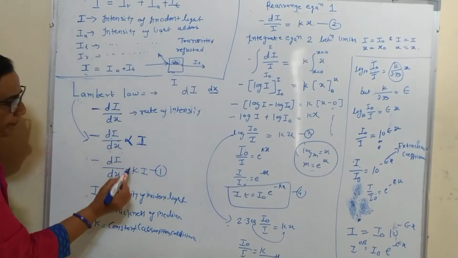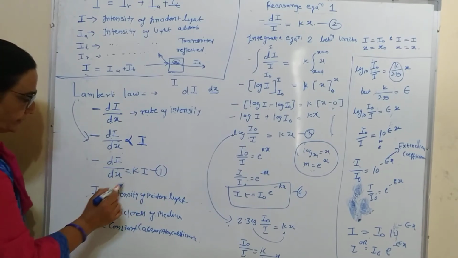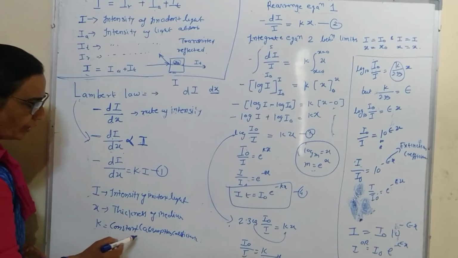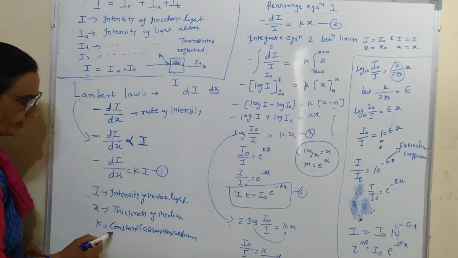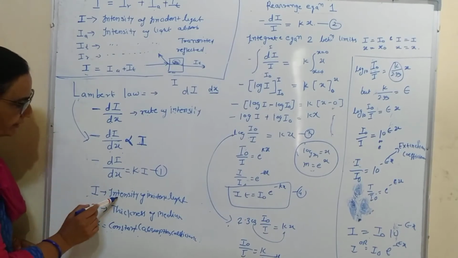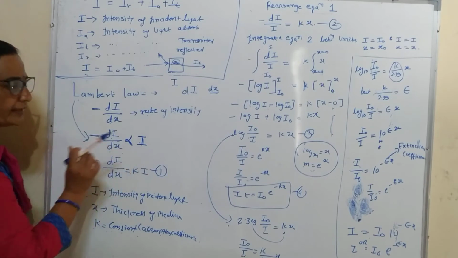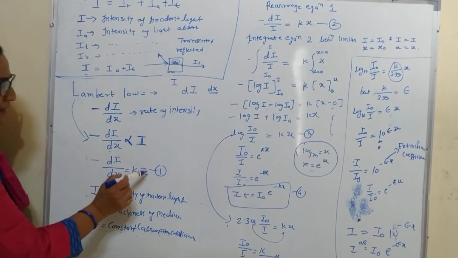Now, to remove proportion sign, we use here constant K. This constant K is called as absorption coefficient or absorption constant. Here I is intensity of an incident light, x is the thickness of medium.